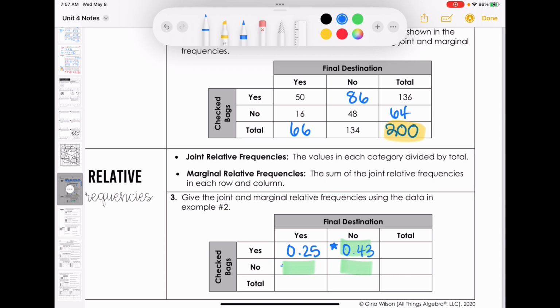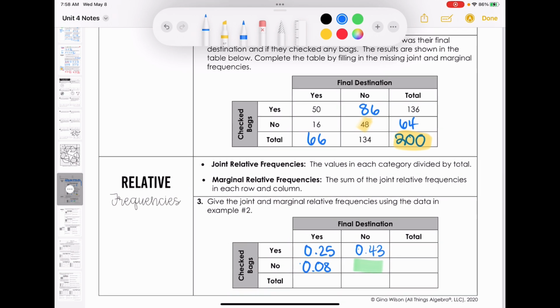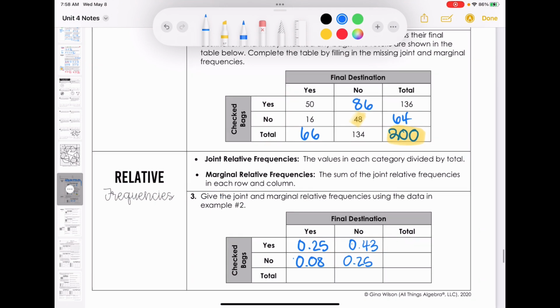For my next box, I'm going to do 16 divided by 200, and that gives me 0.08. And then for my last box, I'm going to do 48 divided by 200, which gives me 0.24. All right, so that's how we find the joint relative frequencies.